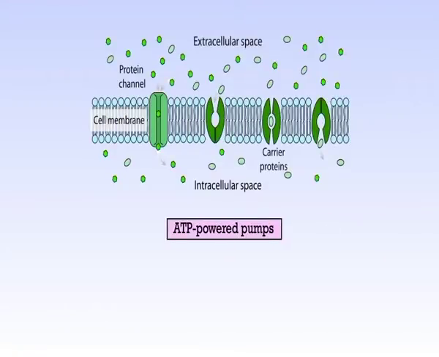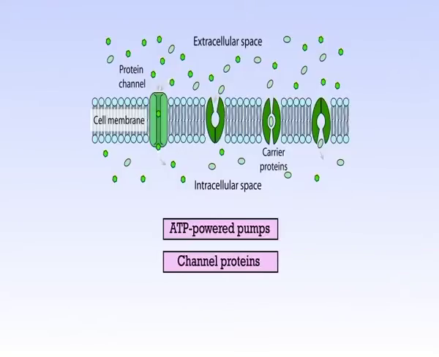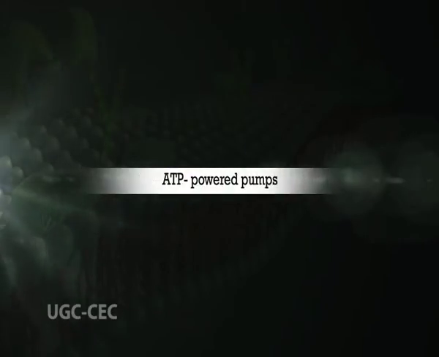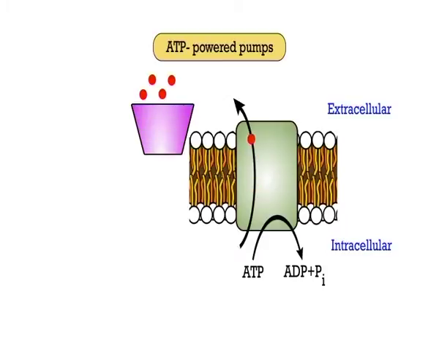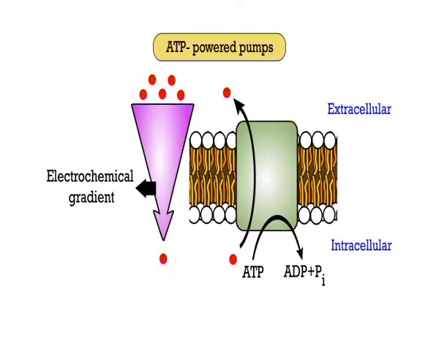The three main types of membrane proteins are ATP-powered pumps, channel proteins, and transporters. Now let's look at ATP-powered pumps first. These proteins are ATPases that use the energy of ATP hydrolysis to move ions and small molecules across a membrane against a chemical concentration gradient, an electric potential, or both, which is termed the electrochemical gradient.